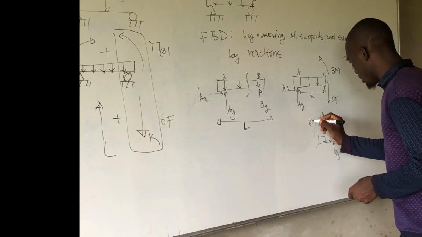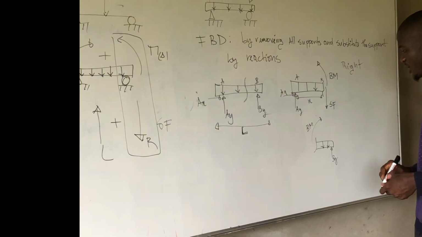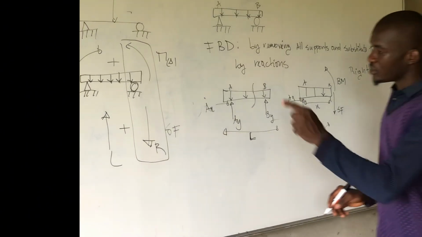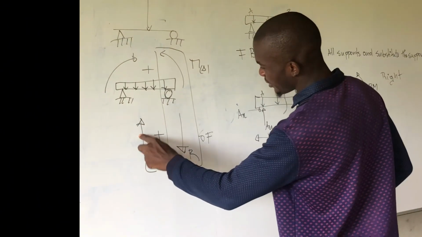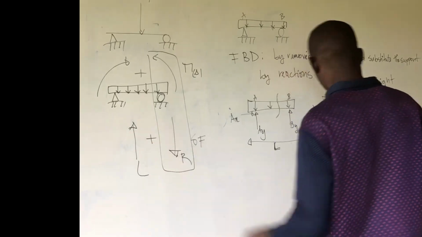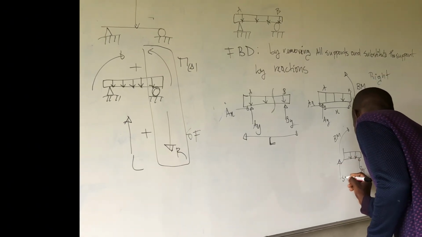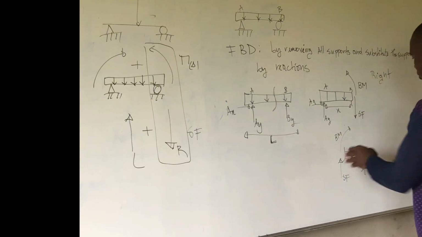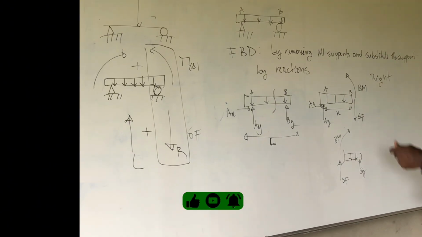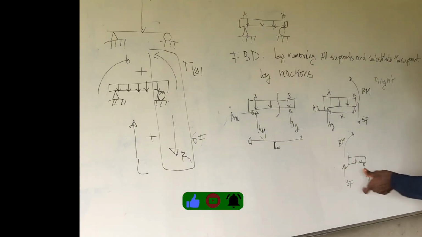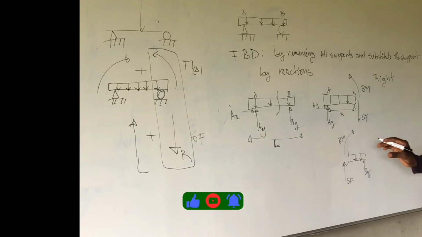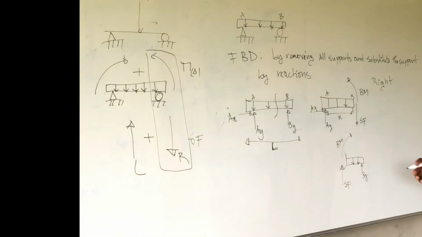This is how we are going to represent our bending moment. And according to the positive conventional sign, at left we will have this as the representation of our shear force. So that's how we represent our bending moment and our shear force. But remember, this is just how we are going to represent according to where we make our section.